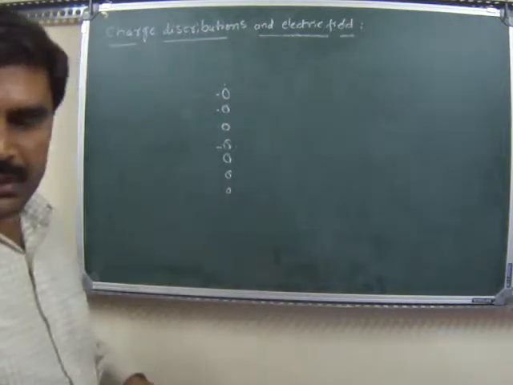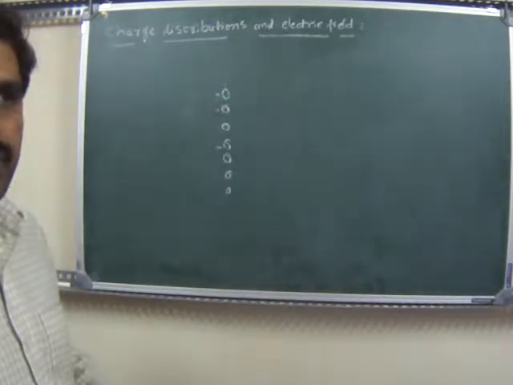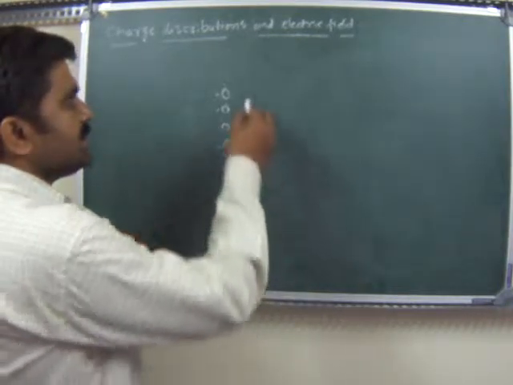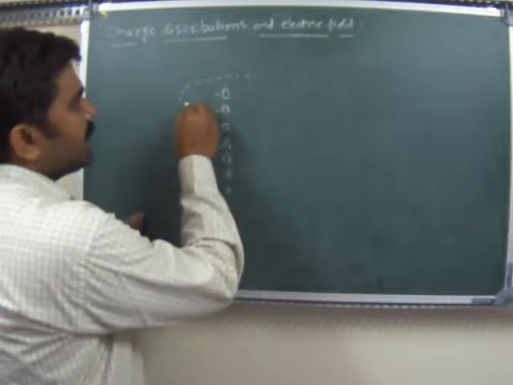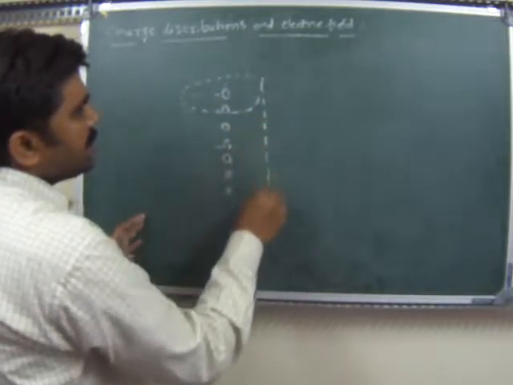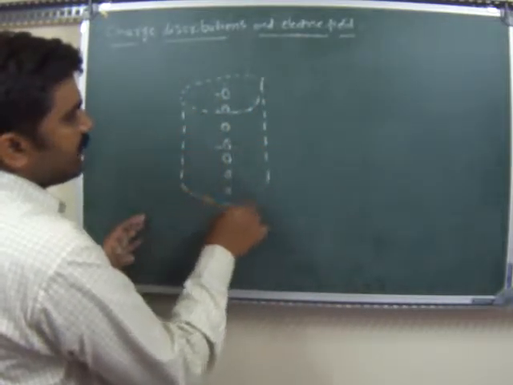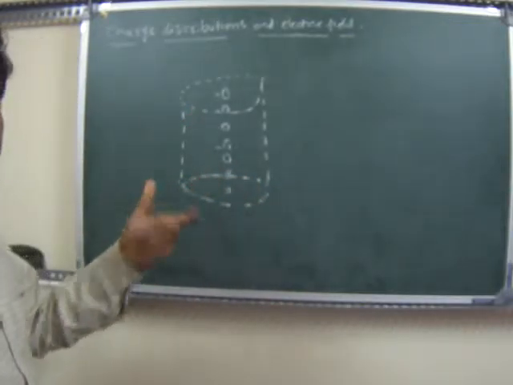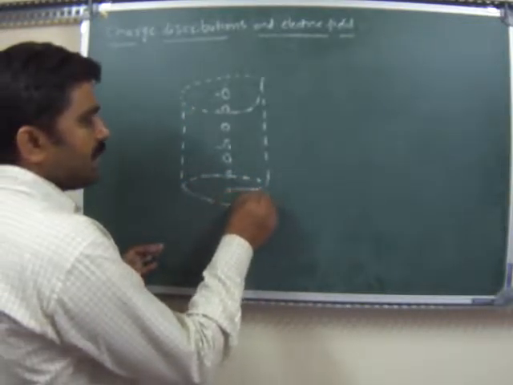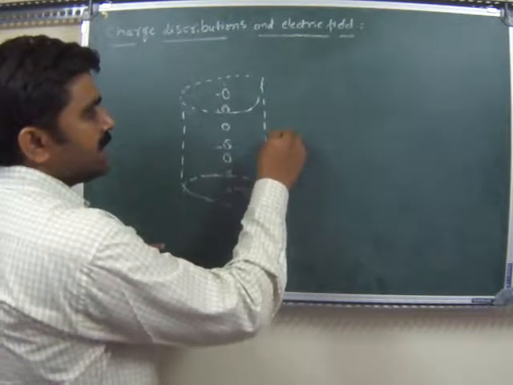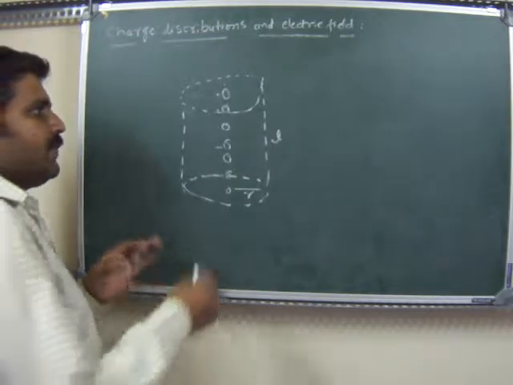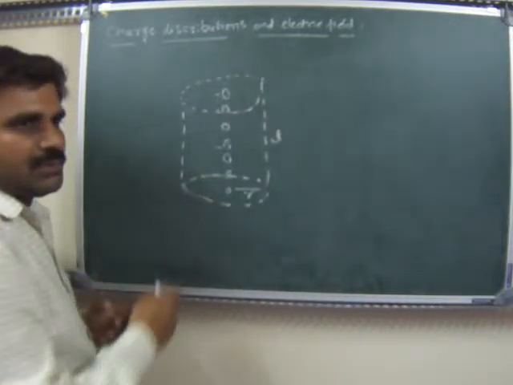So I am considering a unit Gaussian surface around this. A unit Gaussian surface means I am considering an imaginary cylindrical surface around this charge, whose radius is R and whose length is L. So here, first of all, this is a charge distribution.